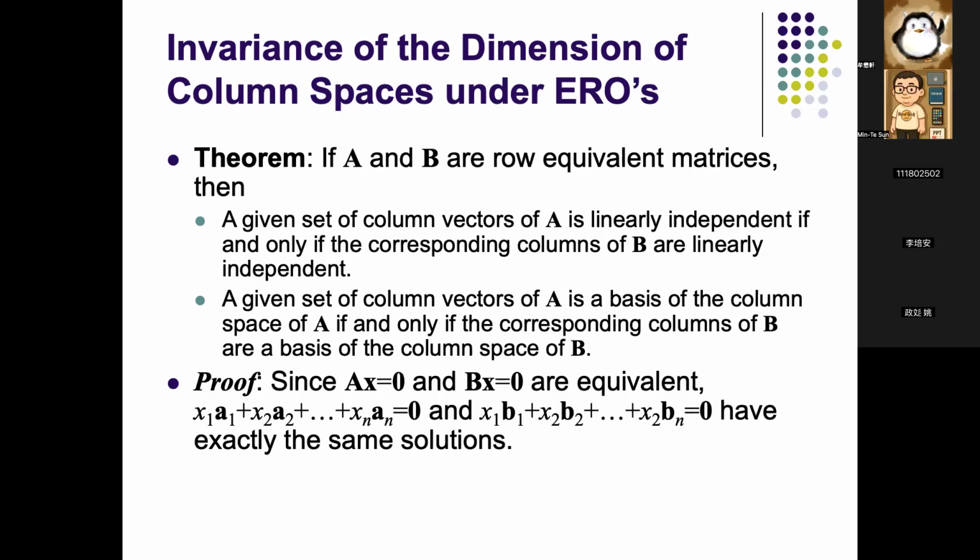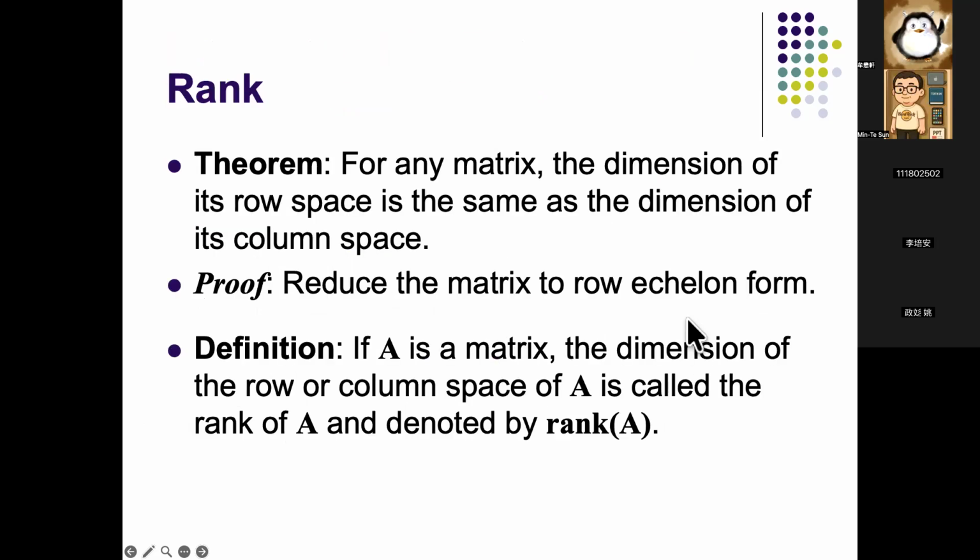No. These are two different things, right? 就他们的 column space A 和 B column space 可以不一样，但是这两件事是有关系的，就是他们的 column vector 之间是有关联性的。这边要很小心哦。So for any matrix, the dimension of its row space is the same as the dimension of its column space.